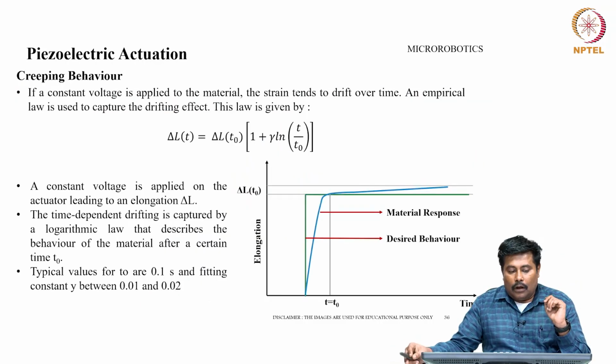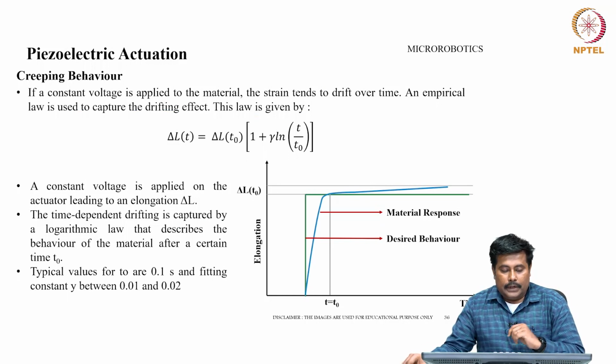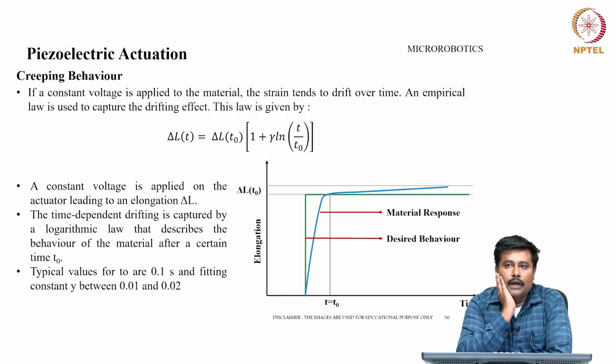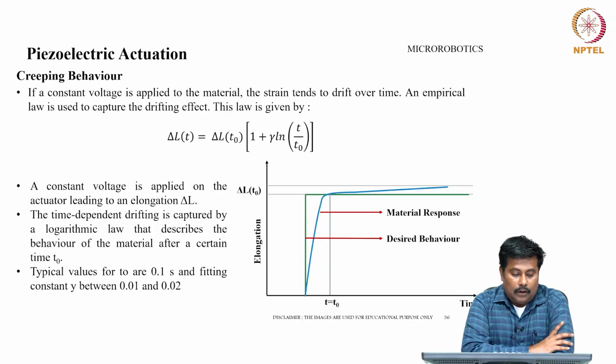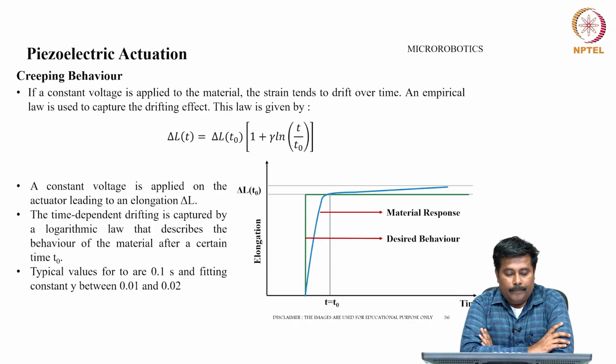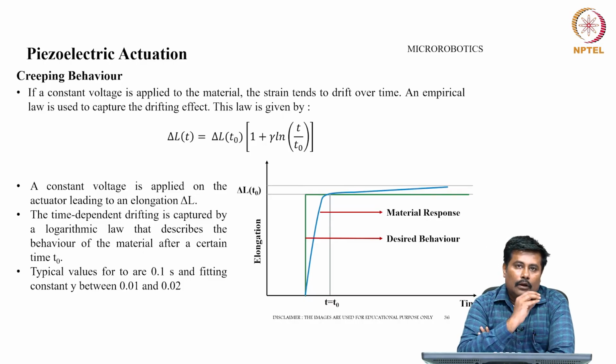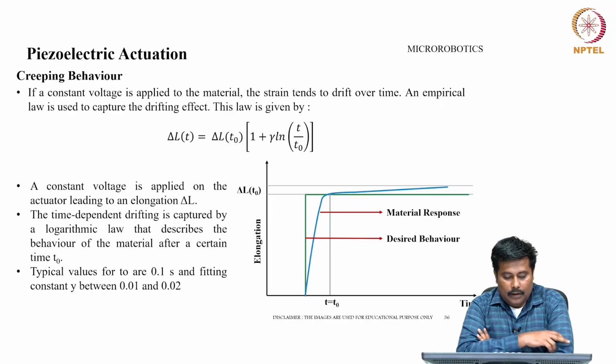Next, when we talk about piezoelectric actuation with reference to creeping behavior, if a constant voltage is applied to the material, the strain tends to drift over time, and an empirical law used to capture the drifting effect is shown here.